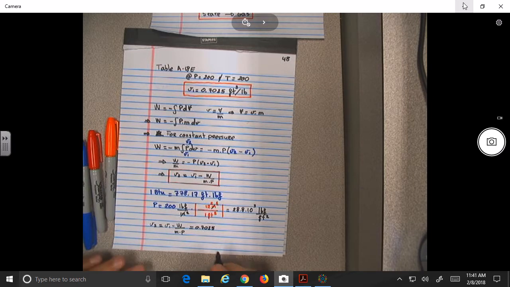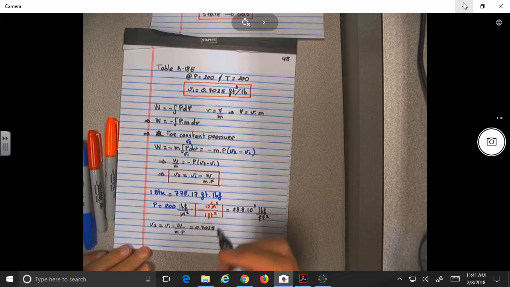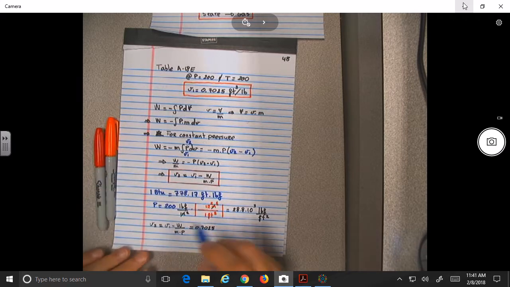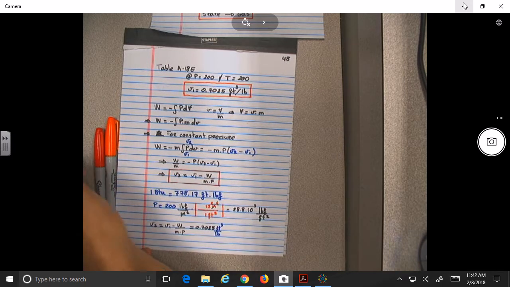Okay, so now put the units if you want. I don't know if I'm gonna have space, but cubic feet per pound plus.